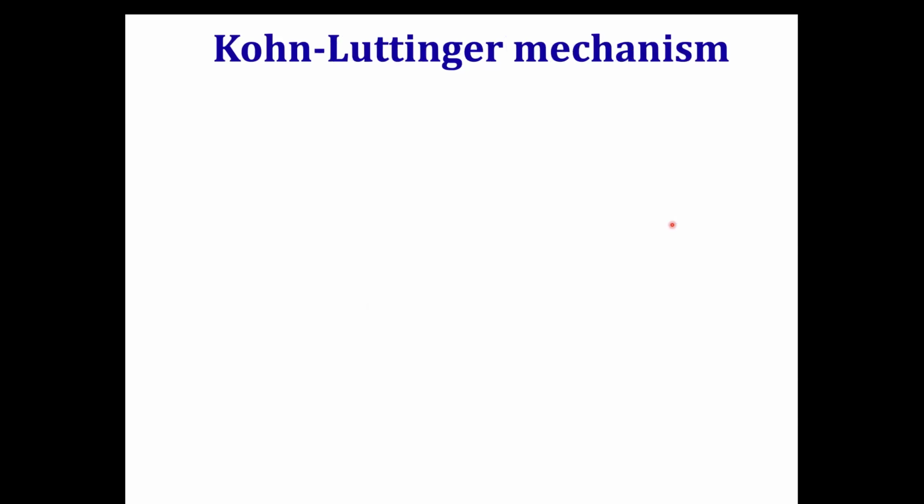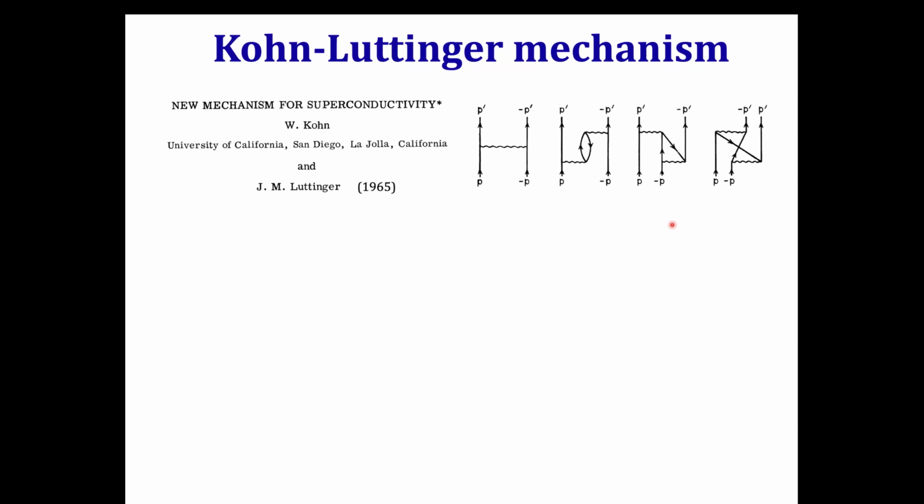All right, so let me dive a little bit deeper into these different mechanisms. The Cohen-Luttinger mechanism that was mentioned yesterday. The idea is you take fermions with repulsive interactions.